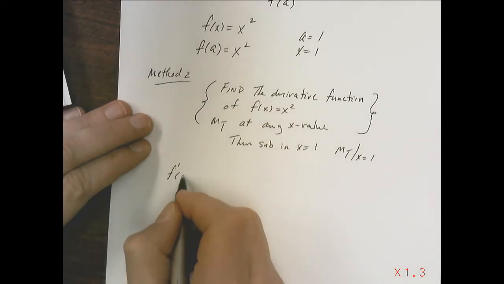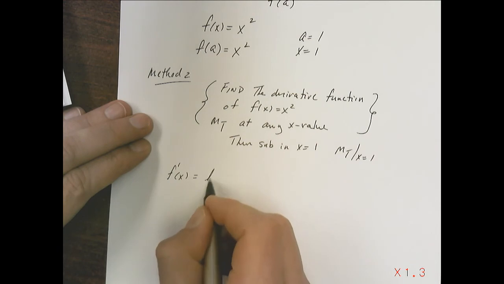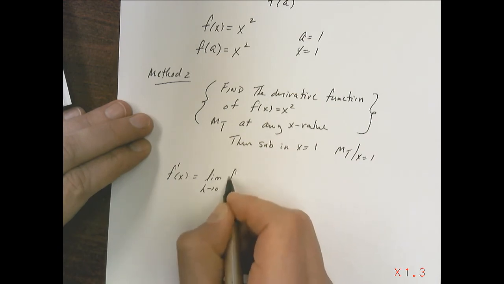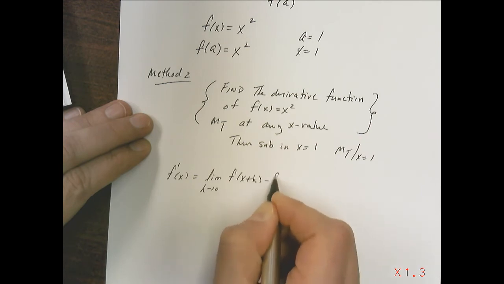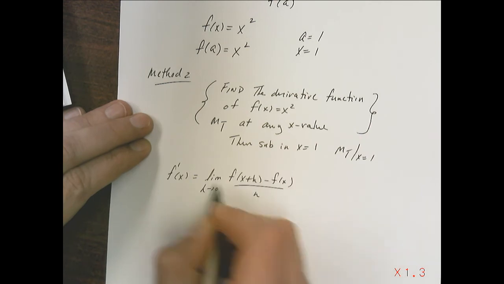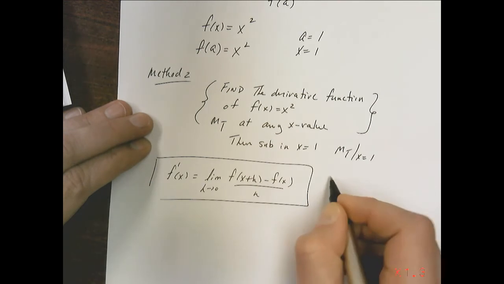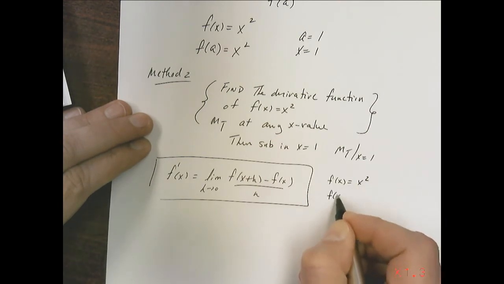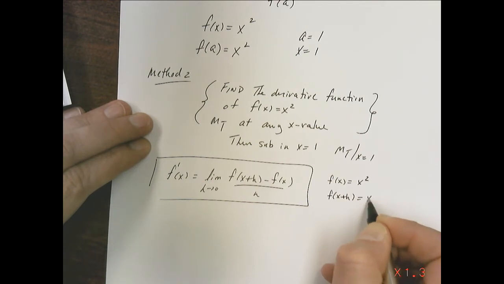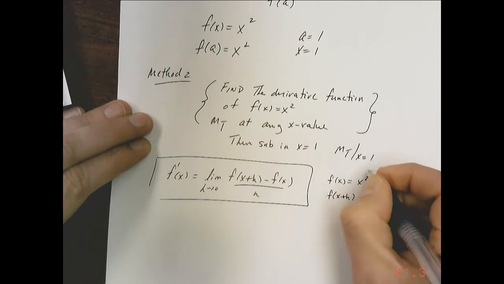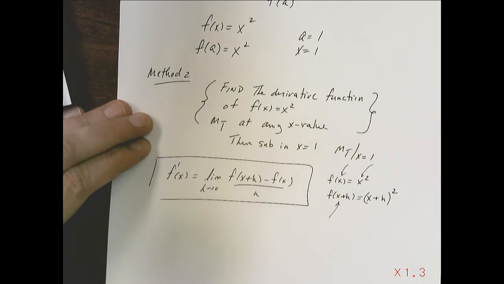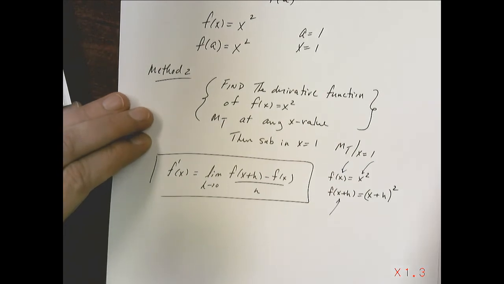So starting off, the derivative is given by the limit as h approaches 0 of f of x plus h minus f of x over h. That's a formula. In this particular example, I'm going to keep everything in general. So there's the biggest difference, guys. I didn't put in 1 here. I'm not using that. I'm keeping it as x.